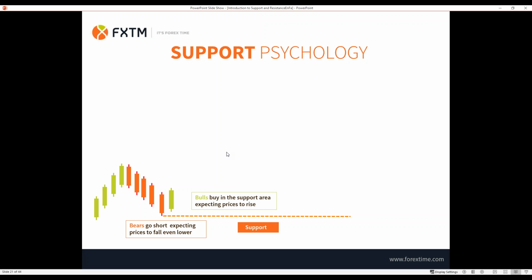And of course now the bulls believe that the market hit a bottom, it found the bottom, and they buy because they believe that the market will go higher.